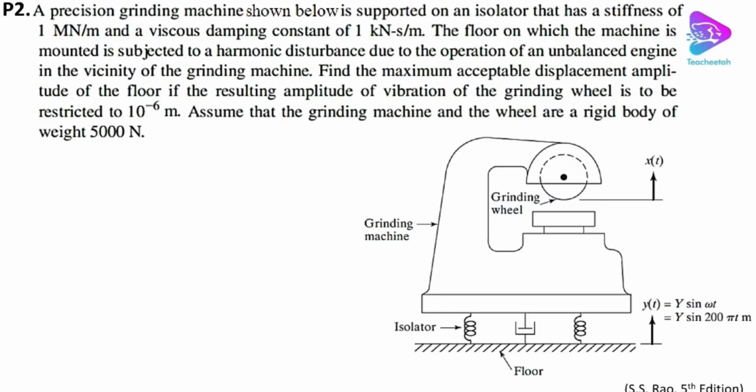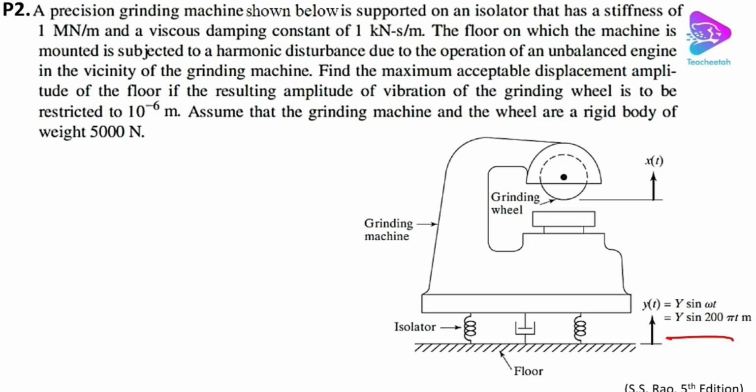This is another example of a base motion. We have a grinding machine placed on a floor, and there is an isolator in the system. The isolator is a combination of a spring and damping, but the base of this system, the floor, is moving harmonically for some reason.